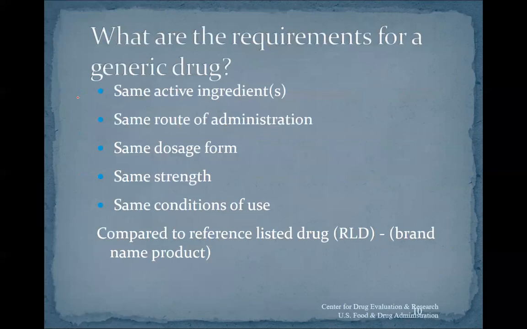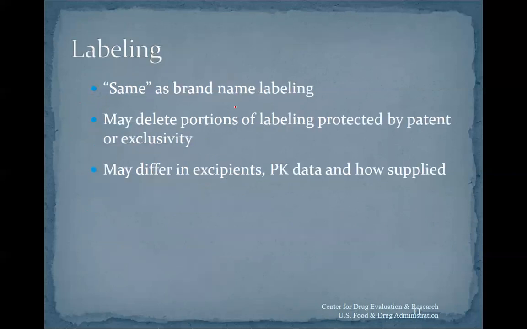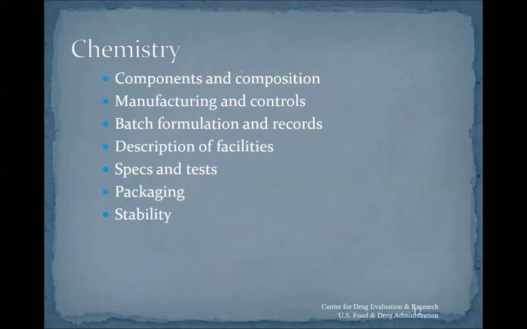Generic drugs are meant to have the same active ingredient, route of administration, dosage form, strength, and condition of use as the reference listed drug. They should have the same labeling as the brand name, but may omit a portion of the label protected by patent or exclusivity, and they may differ in excipients. The pharmacokinetic data, and how it was procured, must be supplied.